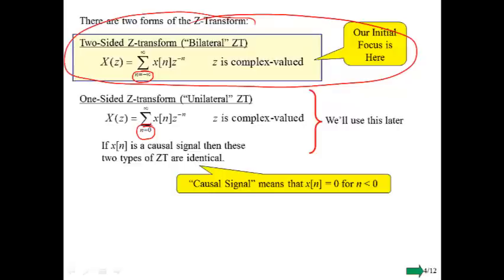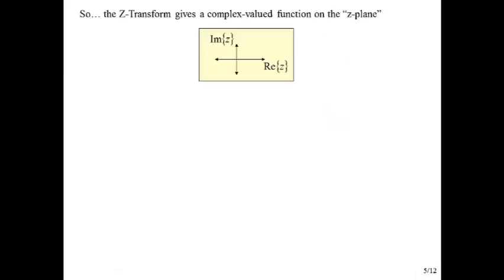There's no difference between them. But when we start talking about non-causal signals, signals whose values are non-zero for values of n less than 0, then we end up having a difference between these. So we're not going to worry about that for right now. We're going to just stick with the bilateral Z transform. So for right now, when I say Z transform, I mean two-sided or bilateral.